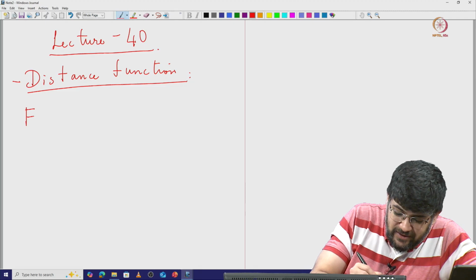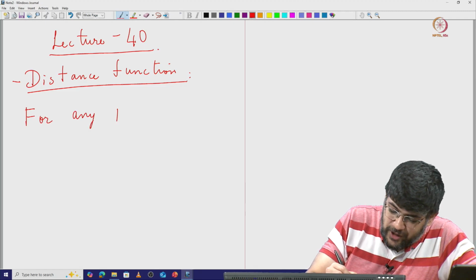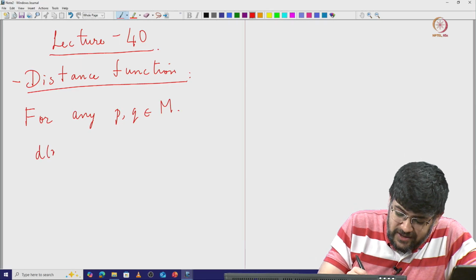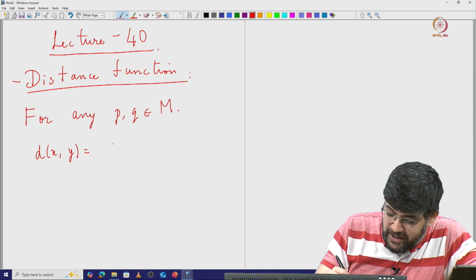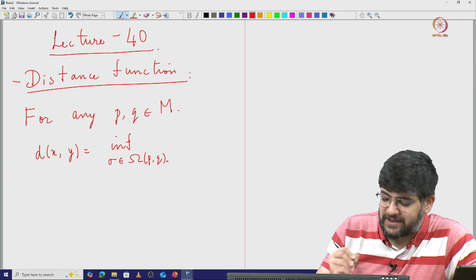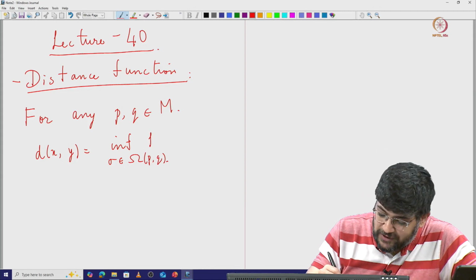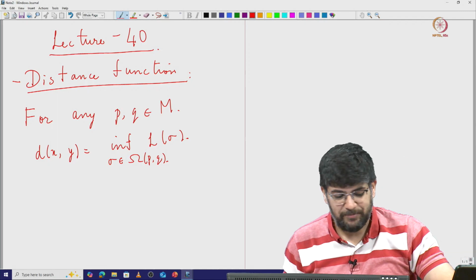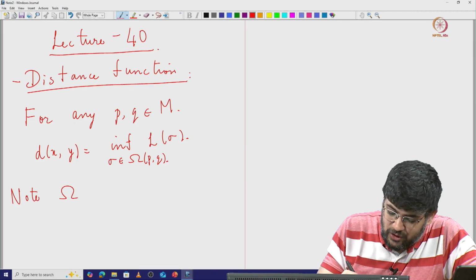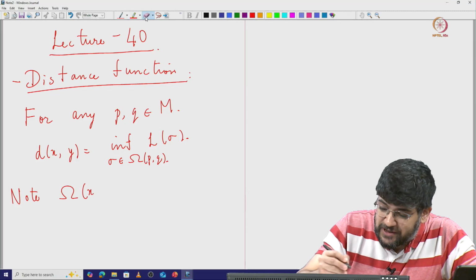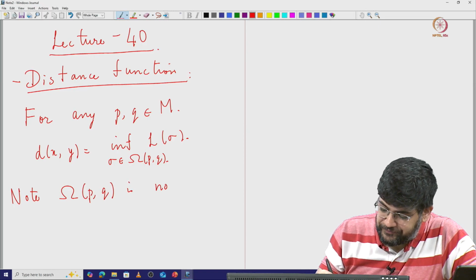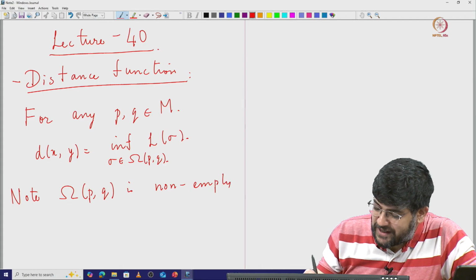So, for any points P and Q in M, we let the distance between P and Q be the infimum over all admissible curves connecting P and Q of the length of sigma. Note that omega PQ is obviously non-empty, so the infimum makes sense.